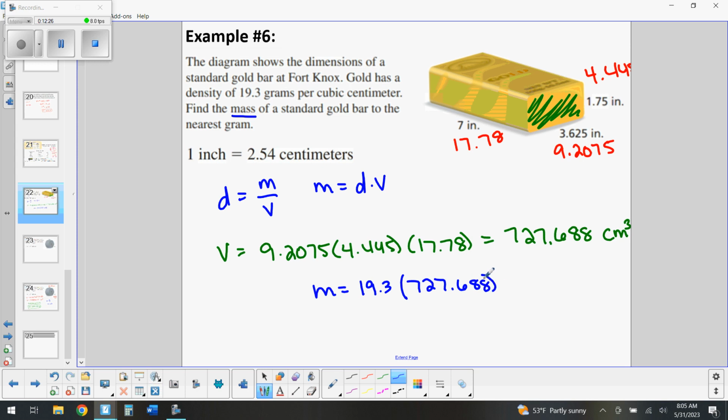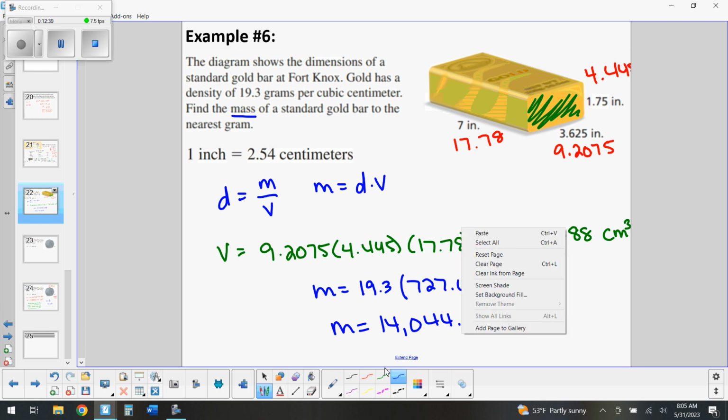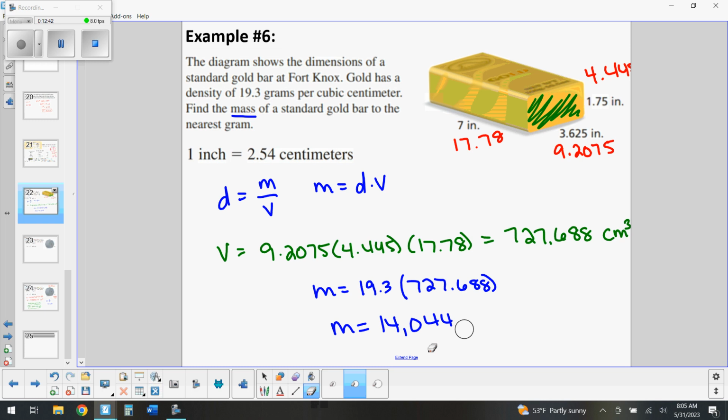If I multiply the answer I had in my calculator by 19.3, I get a mass of 14,044.37. So we'll just round it to 0.44. And that's in terms of grams.